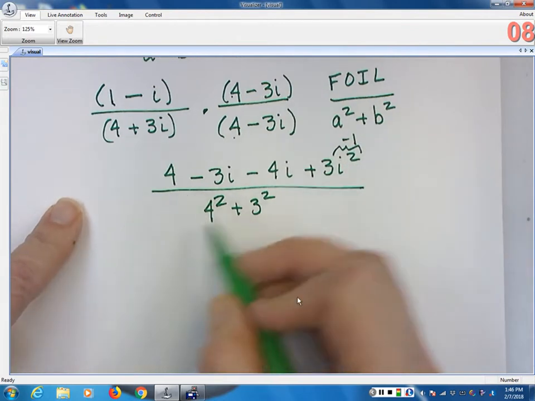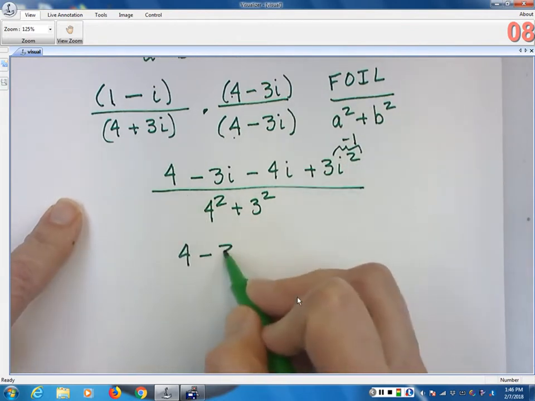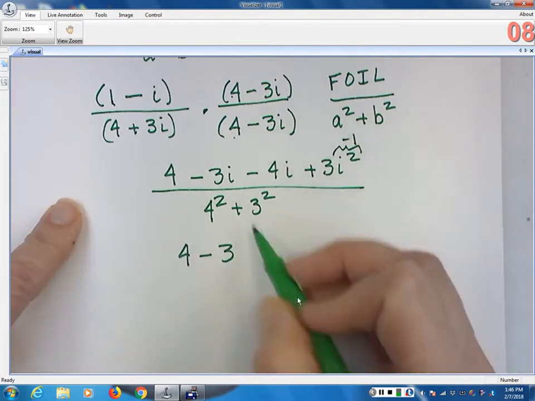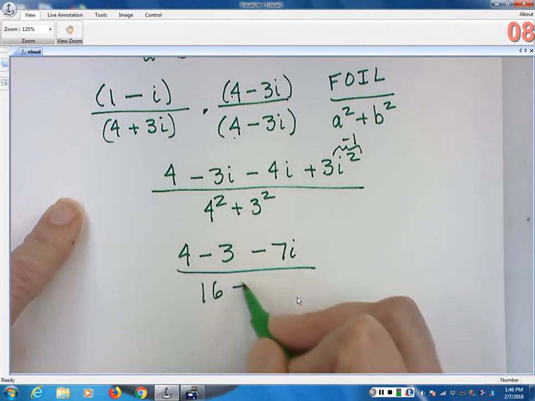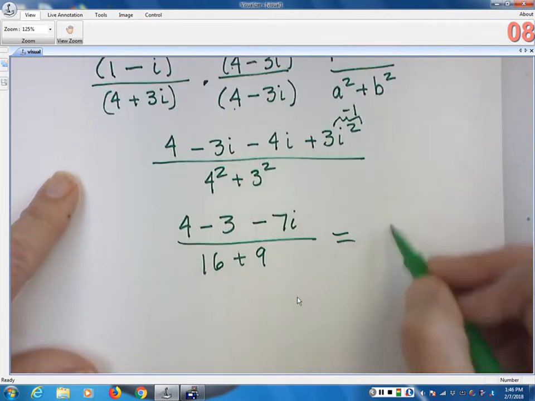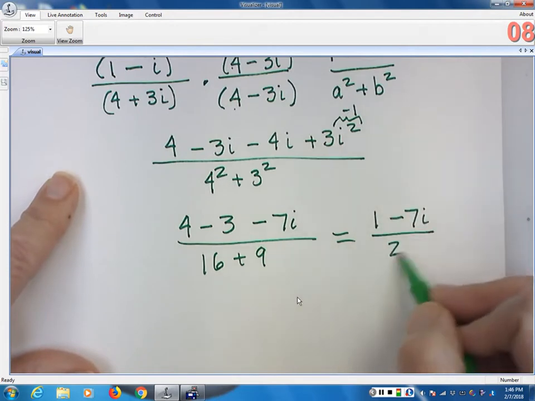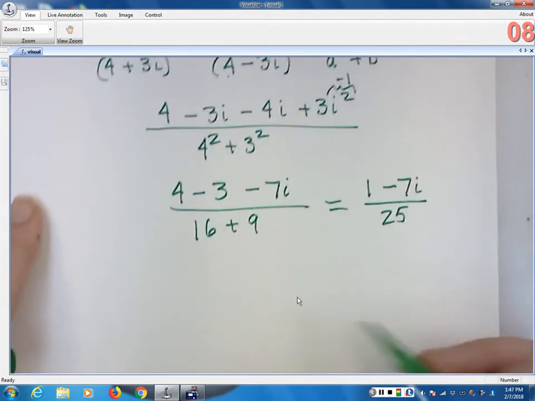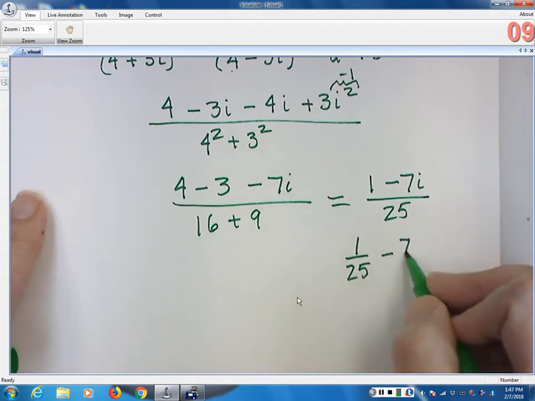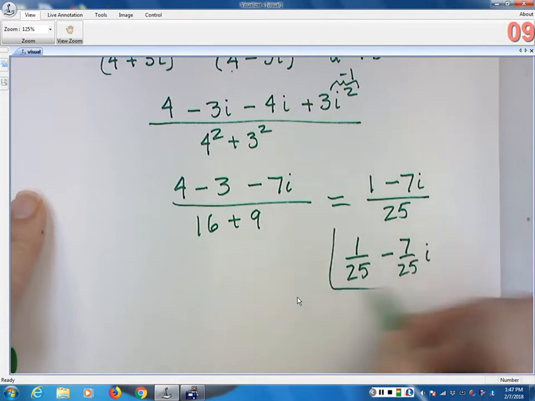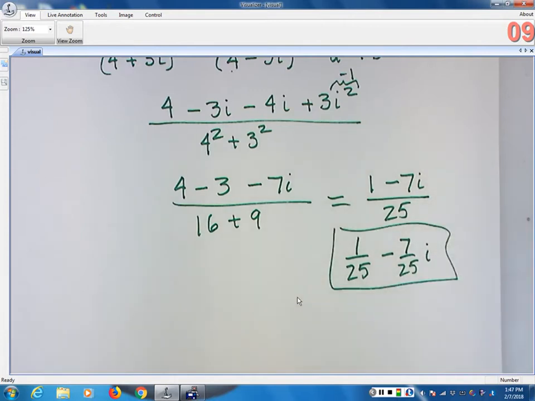So you're going to get 4 minus 3, because that's minus 3 then, minus 7I over 16 plus 9 is 1 minus 7I over 25. And then you separate that to write it in A plus BI form. So that's the answer to 1 minus I divided by 4 plus 3I.